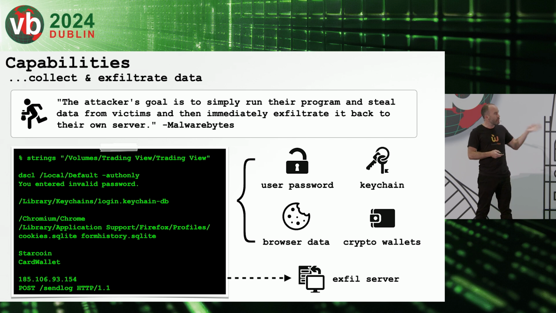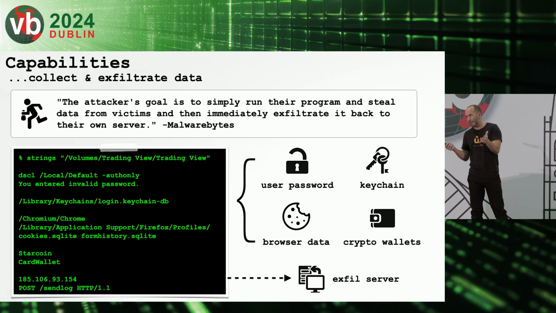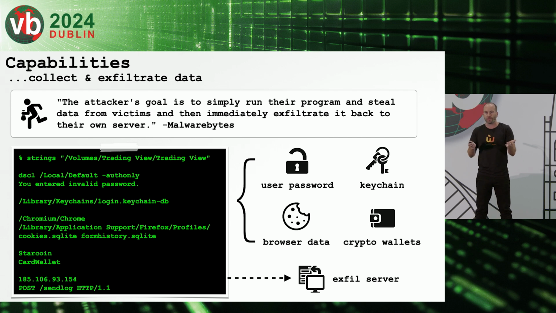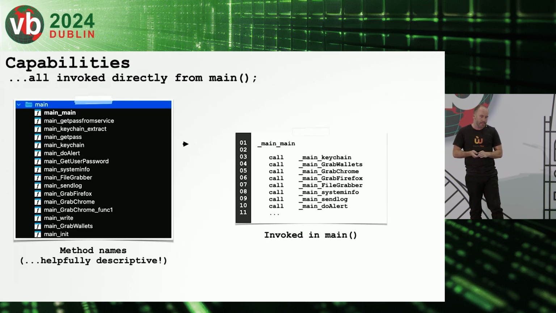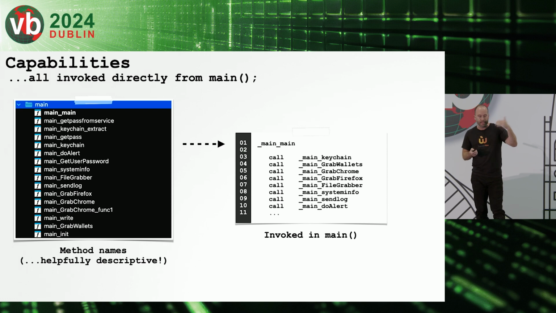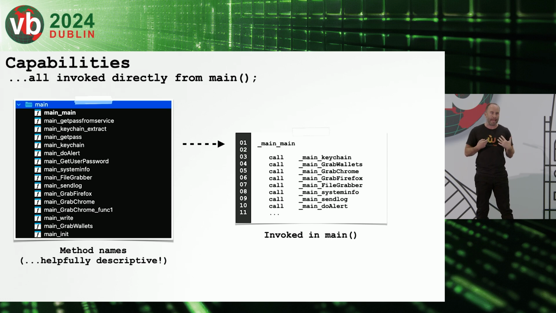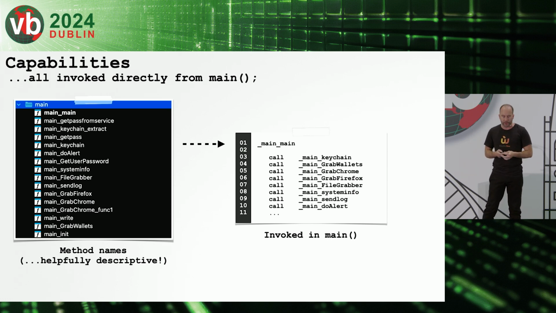We can see strings related to the user's password, the keychain, browser data, crypto wallets, and then we also see the address of what would normally be the command and control server, but in this case, it's just an exfiltration server. If we load it in a disassembler, we can see all the method names, which are hopefully very descriptive. In initial versions, there's no obfuscation, so as malware analysts, this makes our job very, very trivial.